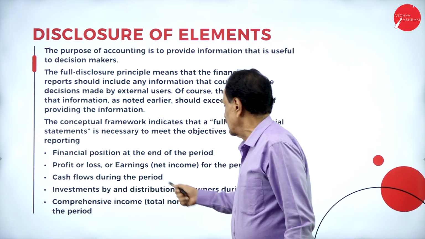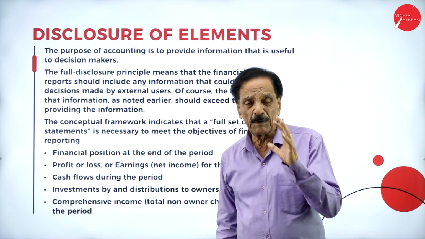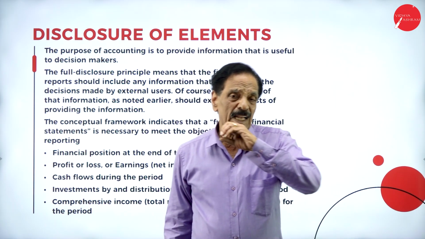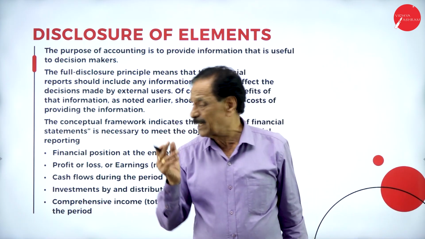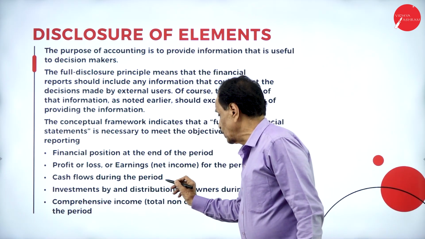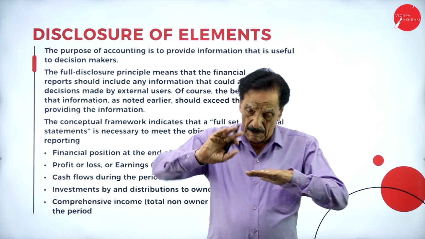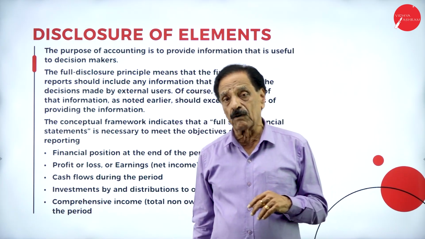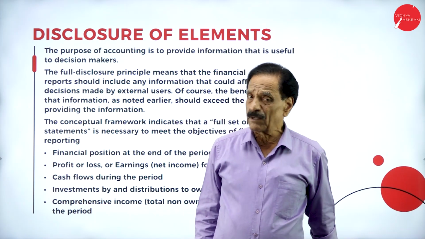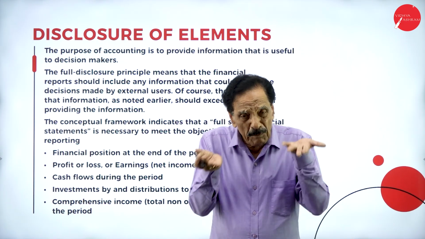Profit or loss means at the end of the year when you prepare the profit and loss account, is it a net profit or a net loss? Cash flows during the period, how much cash has come in, inflows we say, how much cash is invested is called outflow, whatever the return is called inflow, how much we receive.